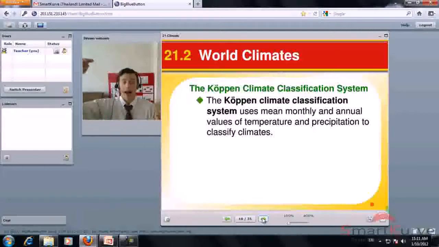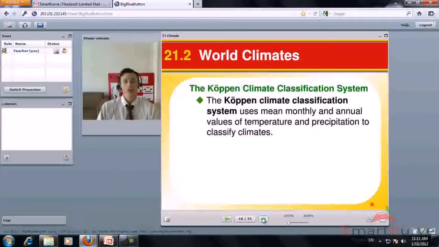Very high areas high in the mountains tend to be colder than areas that are very low near sea level. We also looked at the effect that ocean currents and winds can play. So we have a lot of different factors and therefore many different types of climate on the planet.